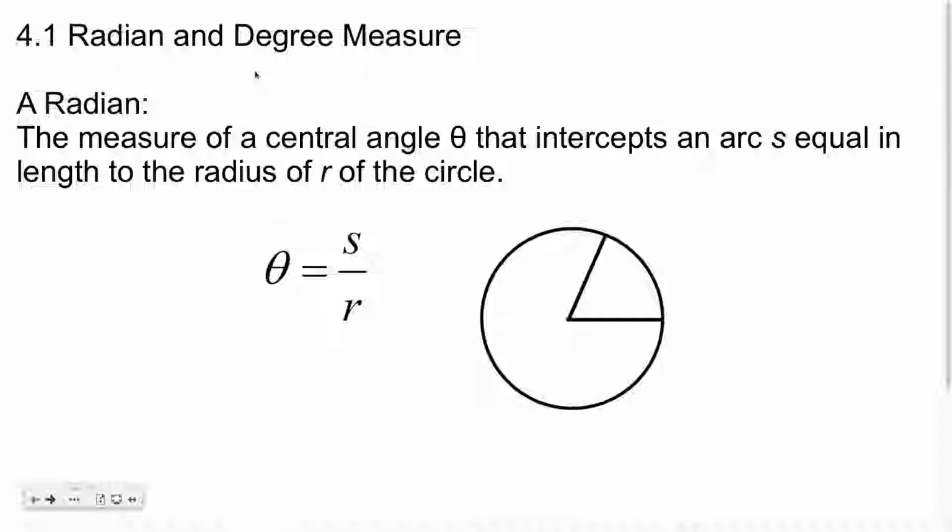So when the radius equals the arc length, then that means you have 1 radian. Raise your hand if you remember talking about radians at some point.